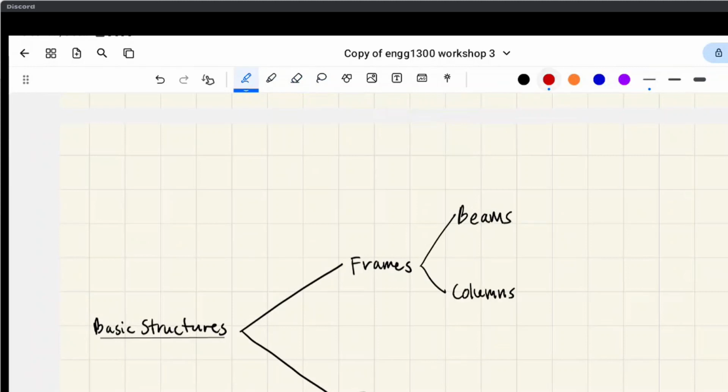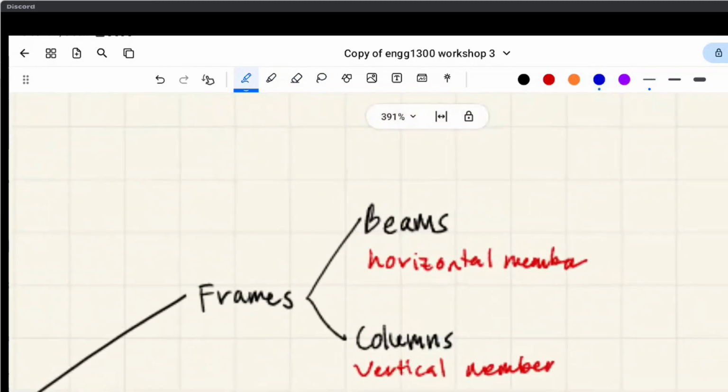Frames fall under beams and columns. Beams are your horizontal members, and columns are vertical members. I'll draw a little diagram of what they look like.